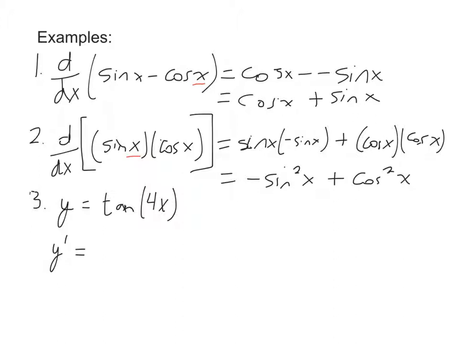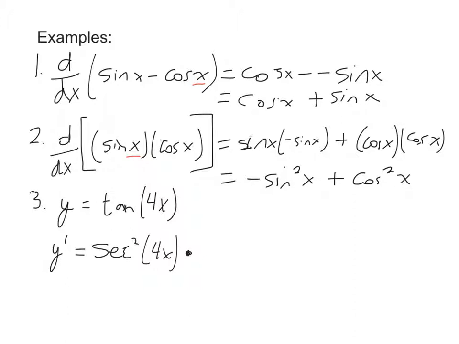Well, the derivative of tangent is secant squared. So the derivative of tangent x is secant squared x. So when I'm finding the derivative of this tangent 4x, well, that derivative is going to be secant squared of 4x. But then I have to make sure and take it times the derivative of the inside.